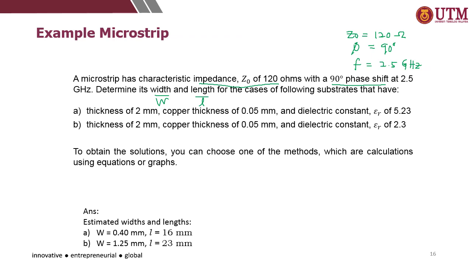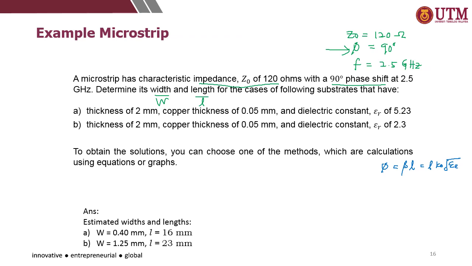I think the steps are more or less the same as the strip line. However, here you need to consider the phase shift. The line is required to produce a phase shift of 90 degrees, therefore you can calculate the L by considering the phase shift. The phase shift equals beta L, where beta is k naught times the square root of epsilon E in this case.